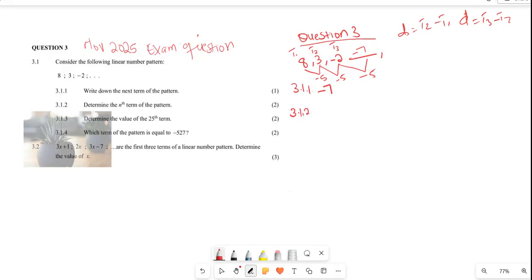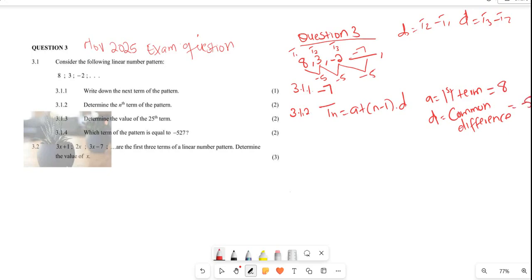So the formula to get the nth term is Tn equals A plus n minus 1 times D. A is the first term, and D is the common difference. My A is 8, the first term, and my D is -5.